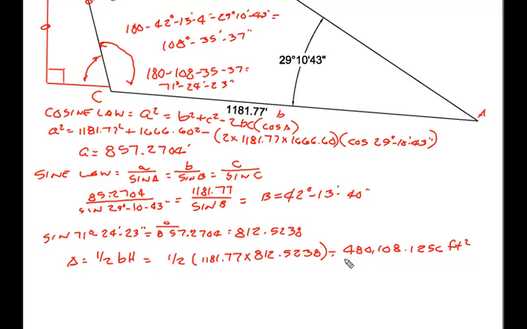And again, we know that there's 43,560 square feet in an acre. So that gives us an area of 11.022 acres.